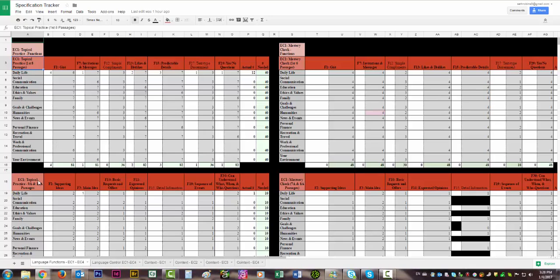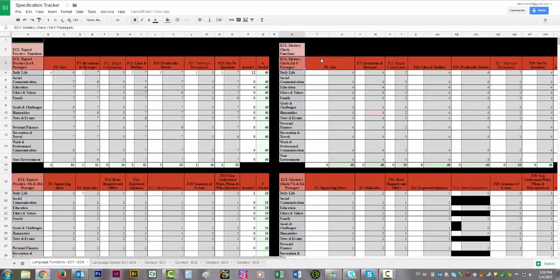But to try to push our students, we are having them also have 2 passages that are at the advanced stage. So 9A and 10A, these are passages 9 and 10. A stands for advanced. These are 2 advanced passages at the topic practice level that are actually not at the EC1 level, but at the EC2 level, again to try to really push their proficiency level.